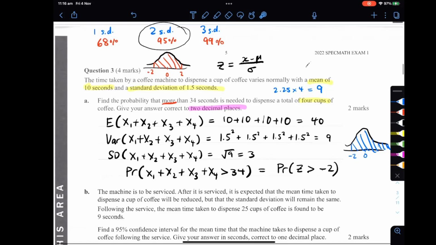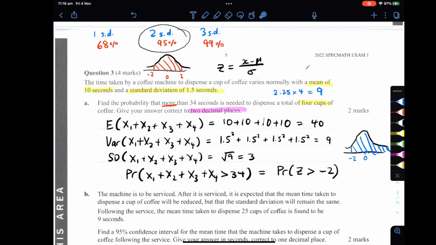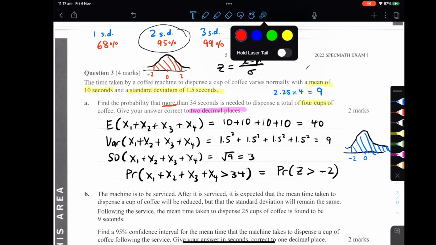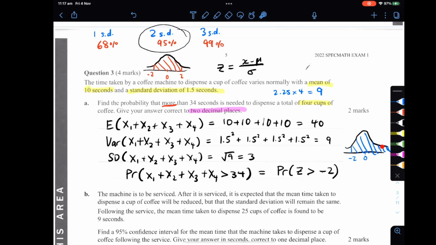I'm very surprised I don't give you this critical value here. Because this thing here is going to be 95 plus a half of 0.05.